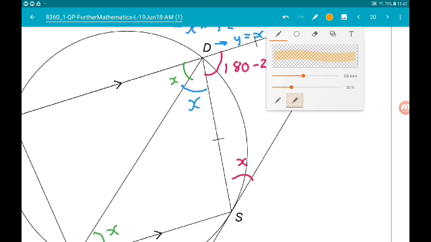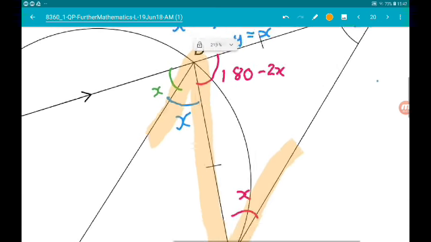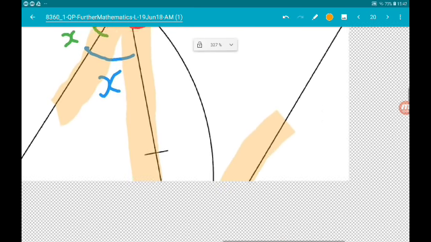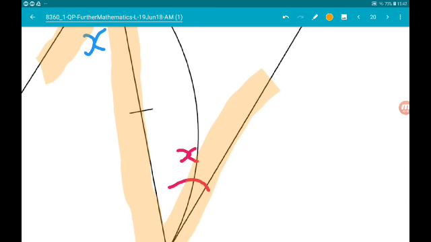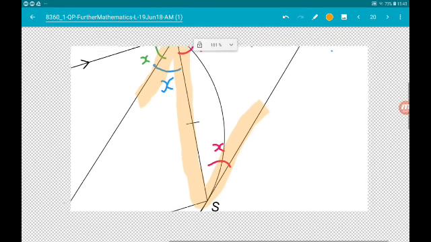So, how we've done it is we've got this little Z going on here, and we've got these two alternate angles, or what would be alternate angles if the lines were parallel, and they are both the same. They are x.